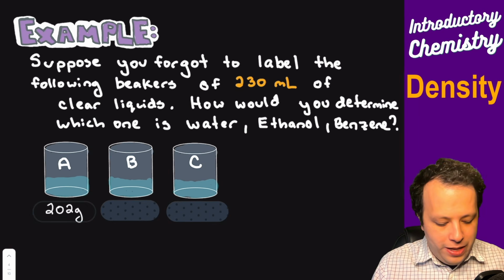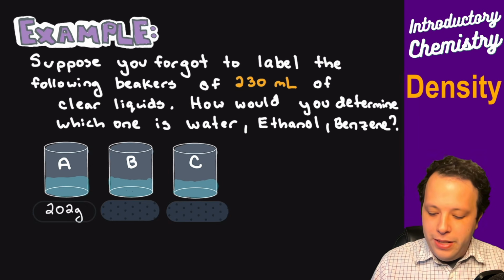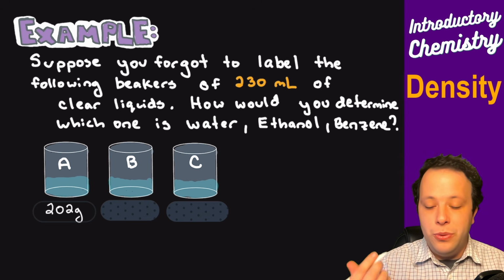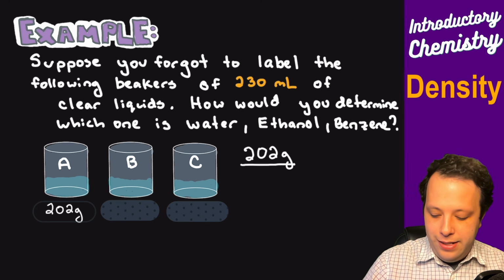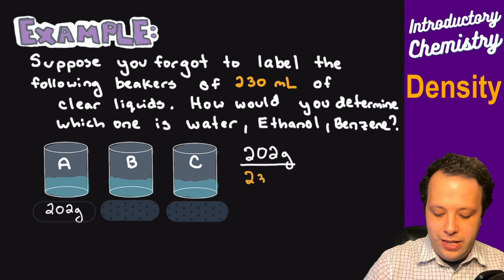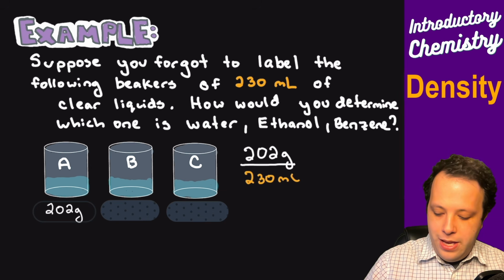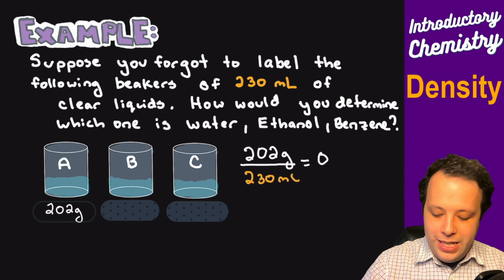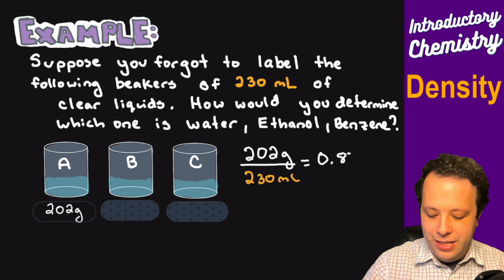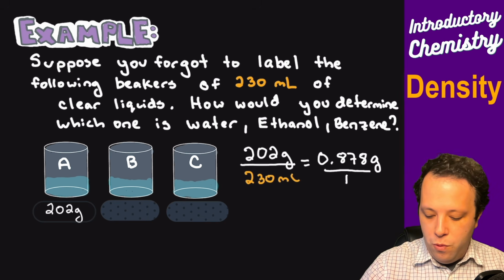Let's say I weigh the first one, and you determine that it weighs 202 grams. So what we could do is divide 202 grams by 230 mL. What would you end up getting for your value? If we simplify that fraction, using your calculator, 202 divided by 230, you'll get 0.878 grams for every 1 milliliter.